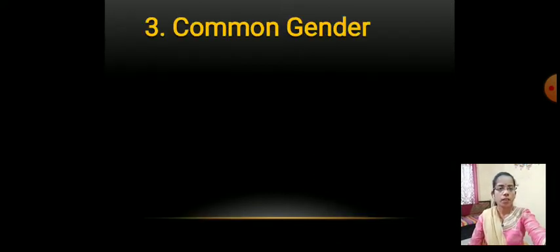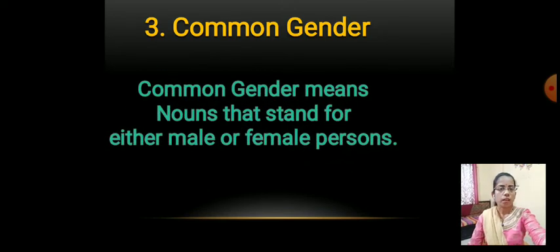Now next, third kind of gender, common gender. Definition: common gender means nouns that stand for either a male or female person. It means commonly we define that the noun stands for a male or female person.